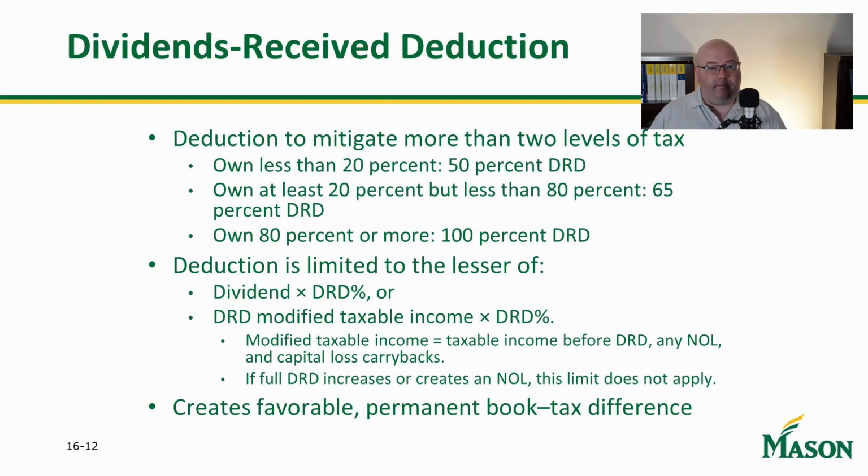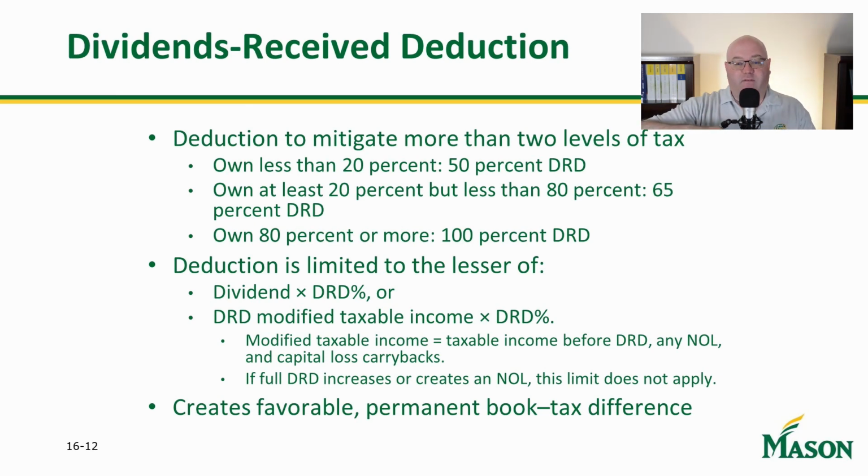So the DRD, basically what they're trying to do here, is address the fact that corporations already receive double taxation. If I pay out dividends to my shareholders, I don't get a deduction on my corporation's tax return, and you have to pick it up as income on your tax return. It's one of the few areas of double taxation that actually exists in the tax code. Now say I'm a corporation and I have another corporation as an owner, and that corporation is owned by another corporation.